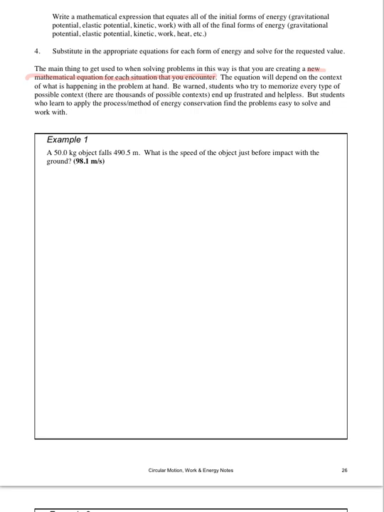Okay, so first example: a 50 kilogram object falls 490.5 meters. What is the speed of the object just before impact with the ground? So what did we have initially for energy? Initially, they were starting at a particular height. If they have height above where they end, they have gravitational potential energy.